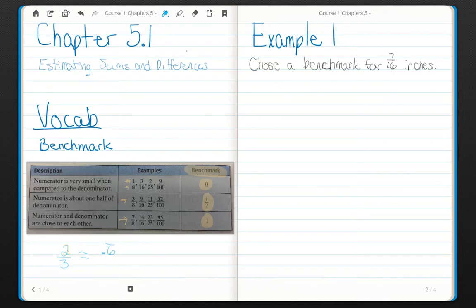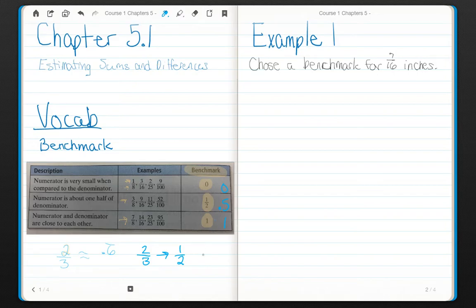If I convert my benchmarks to decimals, I have, of course, 0, 0.5, and 1. Well, 0.6 is actually closer to 0.5, so 2/3 is actually going to round to the benchmark of 1/2. So if you're not quite sure, a good thing to do is to find the decimal equivalent of your fraction and use that to determine which benchmark it is closest to.